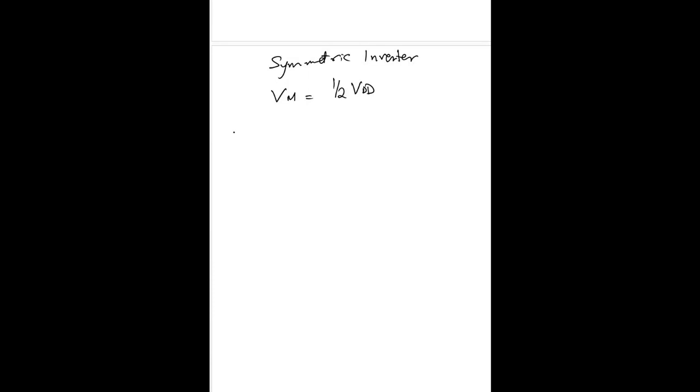Earlier we had this expression that we solved in our previous video, where we saw that Vm minus Vtn whole square is equal to beta p by 2 into VDD minus Vm minus VTP whole square. So we have to satisfy this condition.